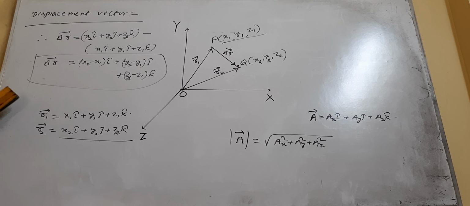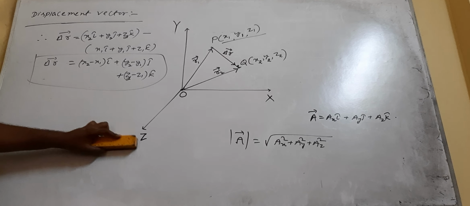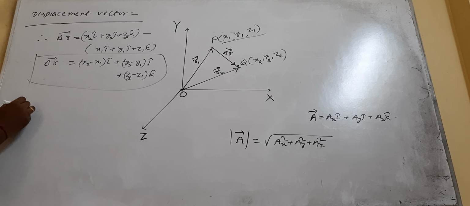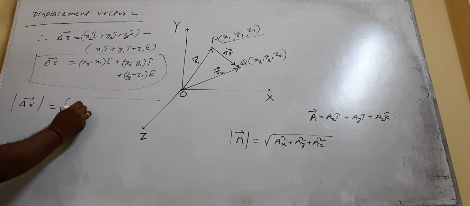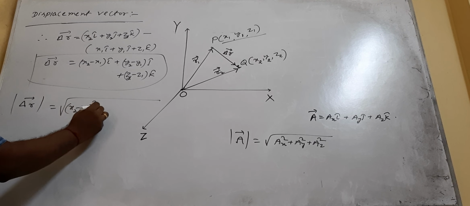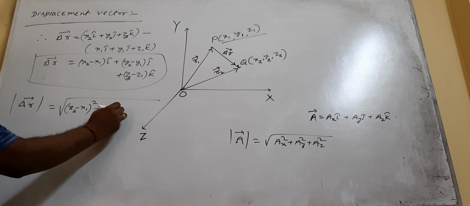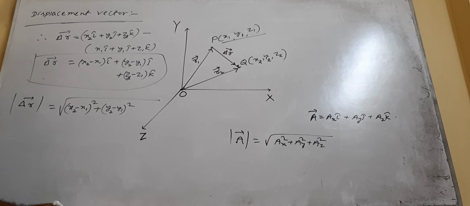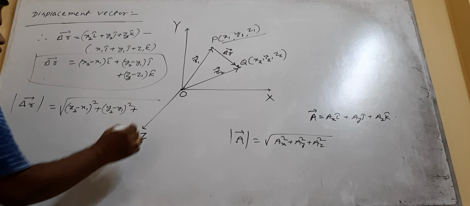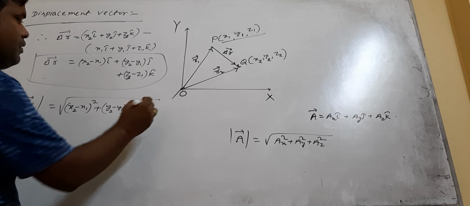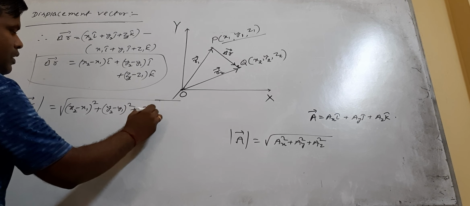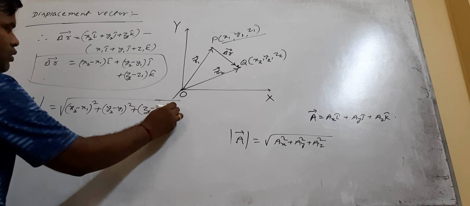So now what is the magnitude? The delta R vector magnitude you can write as root over of x2 minus x1 whole square plus y2 minus y1 whole square plus z2 minus z1 whole square.